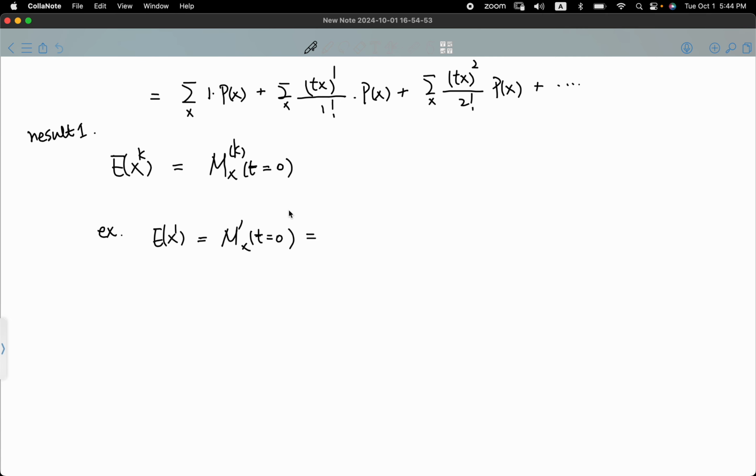Okay. So here, this summation here, this is the first term. So when you take the derivative, again, with respect to t, what do you get for the first term here? So let me circle the first term. When you take the derivative with respect to t for this term, what do you get?